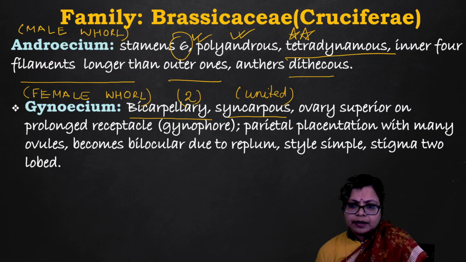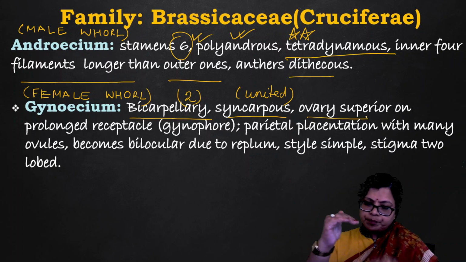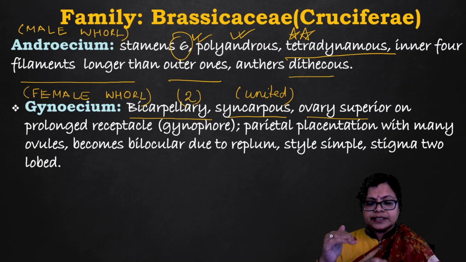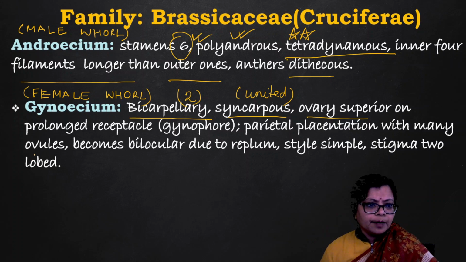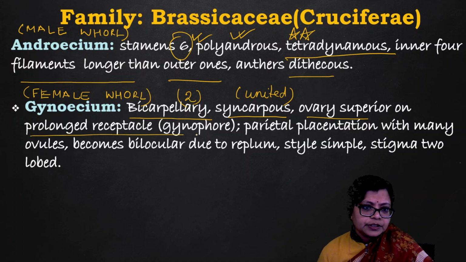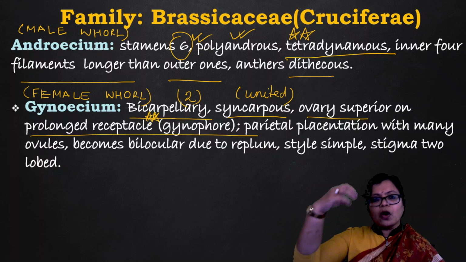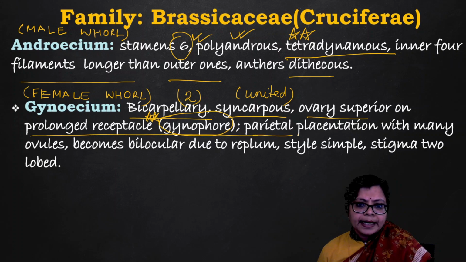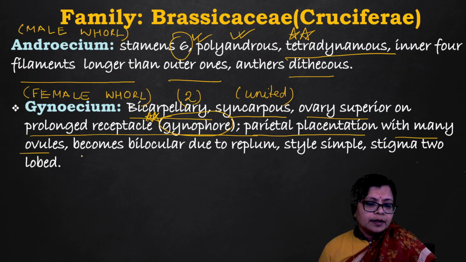Ovary superior, that means below the ovary the other whorls, the calyx, corolla and androecium are present. That's why I told you that it is a hypogynous flower with a prolonged receptacle which is known as gynophore. So the receptacle is prolonged and the name is gynophore. It is a very unique feature, to be remembered, with the parietal placentation with many ovules.